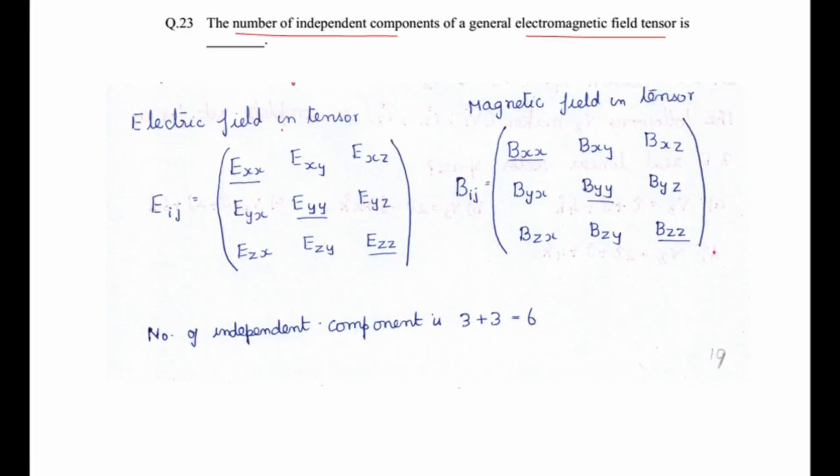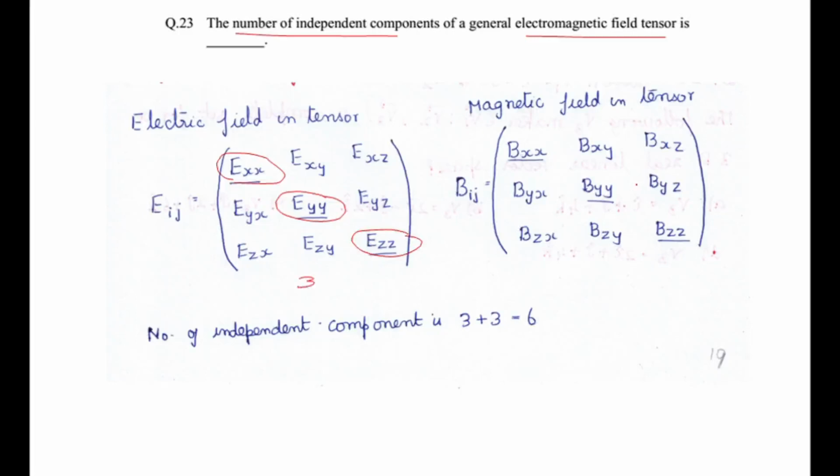So the electric field tensor is Eij is equal to Exx, Exy, Exz, Eyx, Eyy, Eyz, Ezx, Ezy, Ezz. So if you take the electric field, it has three independent components, that is these diagonal components Exx, Eyy and Ezz. So total independent components in electric field is 3.